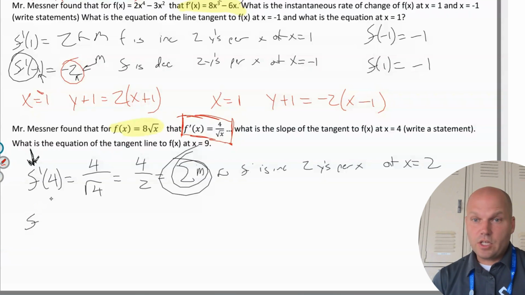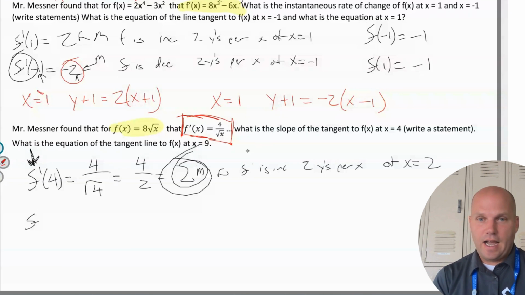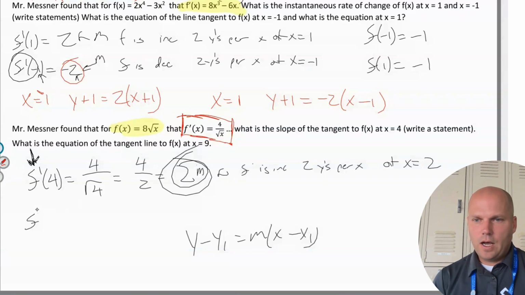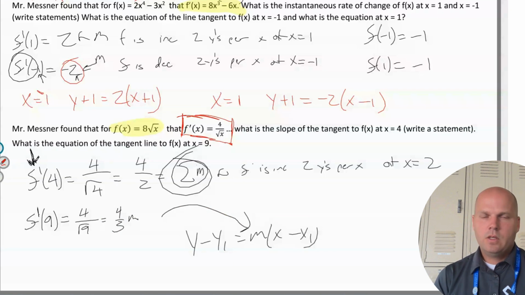What is the equation of the tangent at 9? Okay, I need a y minus a y1 equals an m times an x minus x1. And then we're going to go into Desmos and show you the beautiful stuff, okay? So let's find the m. Plug in x into f prime, get an m. 4 over square root 9 is 4/3. That's an m. That goes there. Okay, plug in x's, get m's.